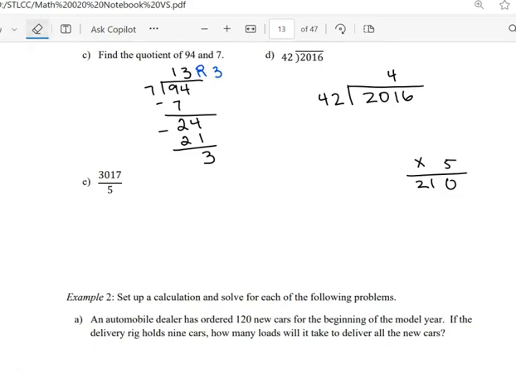Okay, so let's go ahead and look at that 4. 42 times 4 is 168. So it's still less than 201, so I can use the 4. Everything's good so far. All right, so 168. And then I will subtract it, and I will get 33.